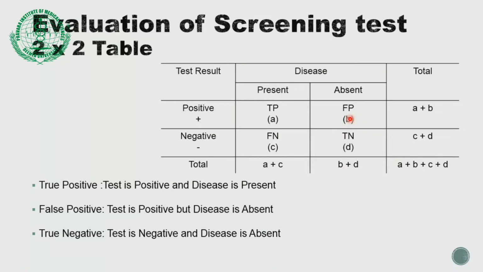Third outcome can be a true negative outcome, where the test is negative and disease is also not present. And fourth outcome can be a false negative test, where the disease might be actually present but the test is negative. Now we'll see how to make this 2x2 table with the help of an example.